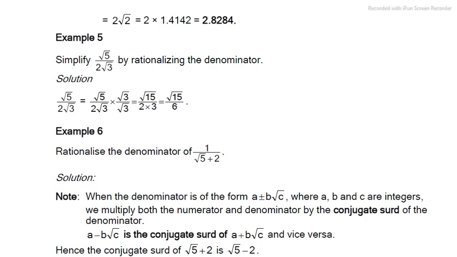So if we have root 5 over 2 root 3, then that means that we shall multiply the root 3 that is down by the numerator and the denominator of the fraction. This time we don't take the rational number, which is a 2. No, we only rationalize the irrational root.